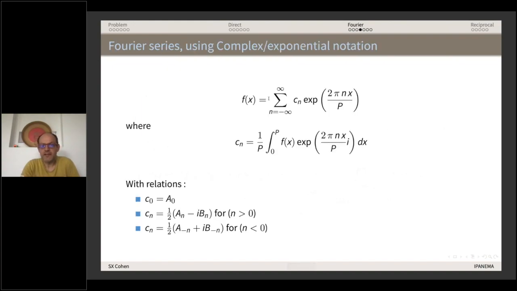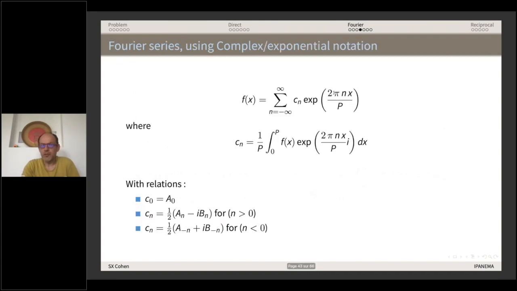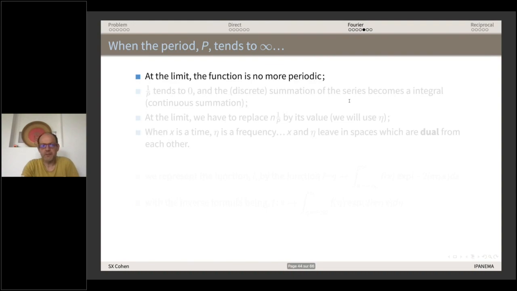And my sum here is going to be on 1 over p. If you look at this sum, the terms go on 1 over p. So for n equal 1, it is 1 over p, then the second one is 2 over p, and so on. Because of that, this summation is going to get values which are closer and closer as we go on.